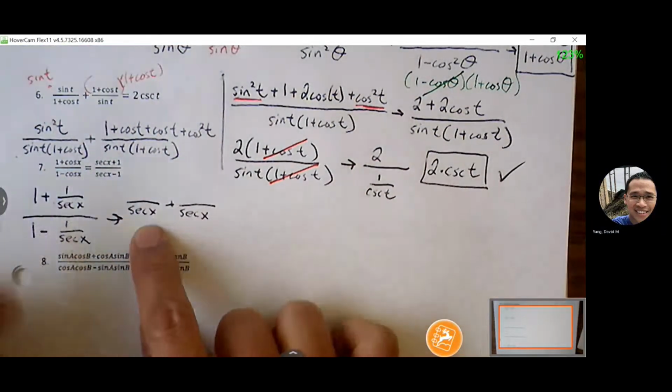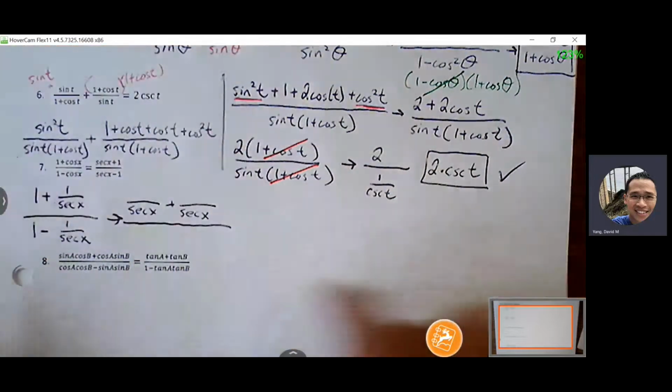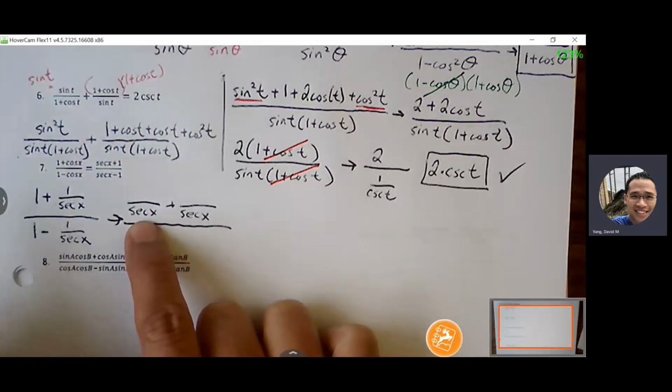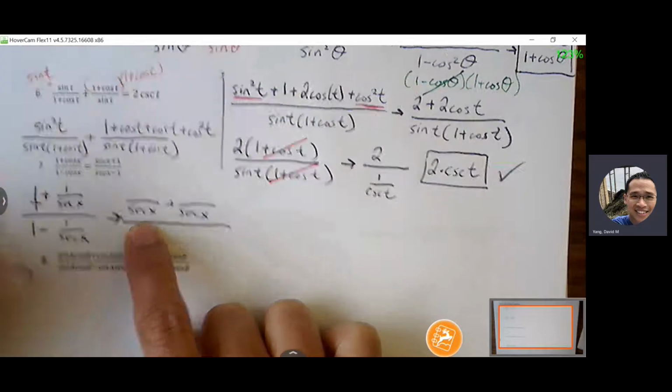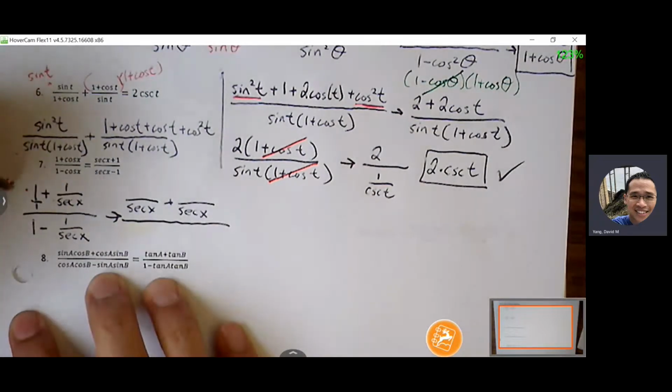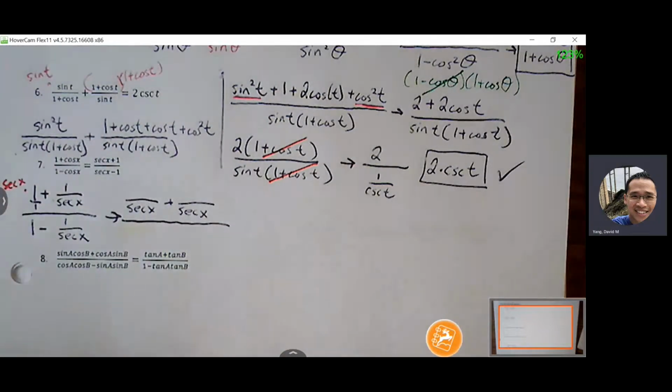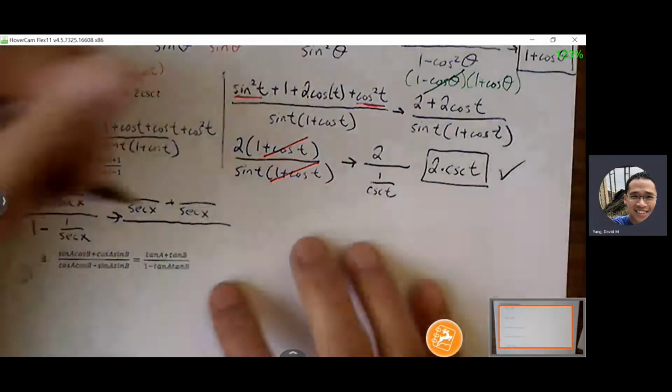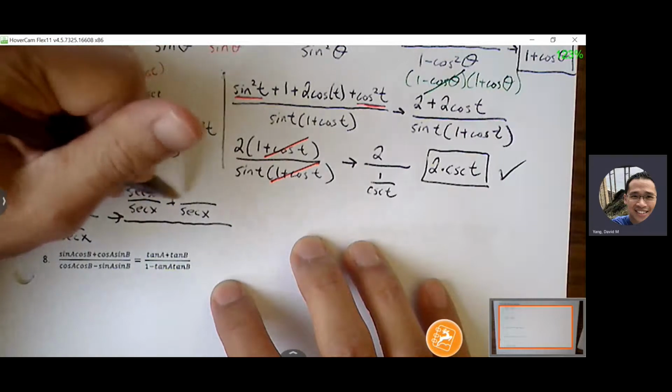So I'm going to balance. I'm going to take care of the numerator first here. Balancing needed. This is really 1 over 1. It's missing a secant, so I need to multiply this numerator by secant of x. So I get secant of x plus 1.